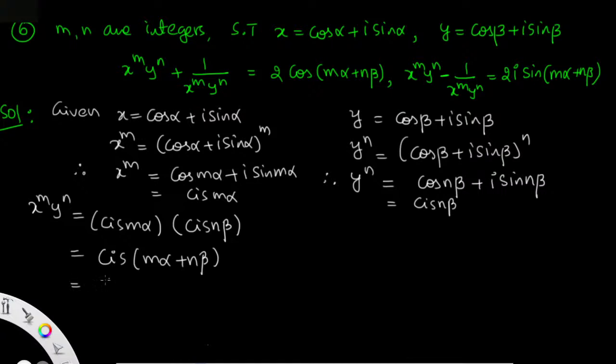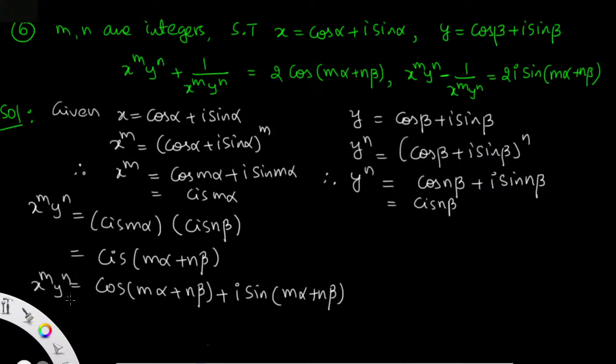Now we expand: cos(mα + nβ) plus i sin(mα + nβ). This is the form of x^m y^n. But in this question 1 by is there. 1/(x^m y^n) is nothing but the same thing: cos(mα + nβ), replacing 1 by means cis of minus θ, that's why we write minus i sin(mα + nβ), with the minus in between.